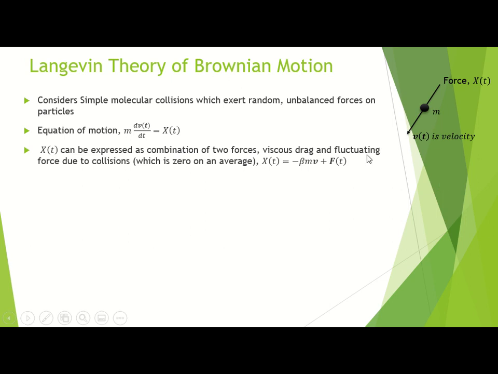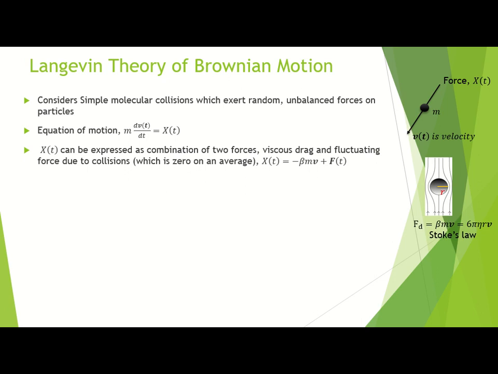They also experience a similar type of force when they are moving in the fluid. So this is the balanced known force. However, this part is your fluctuating force, because of this unbalanced force, which is mainly due to the collisions of these particles with each other.